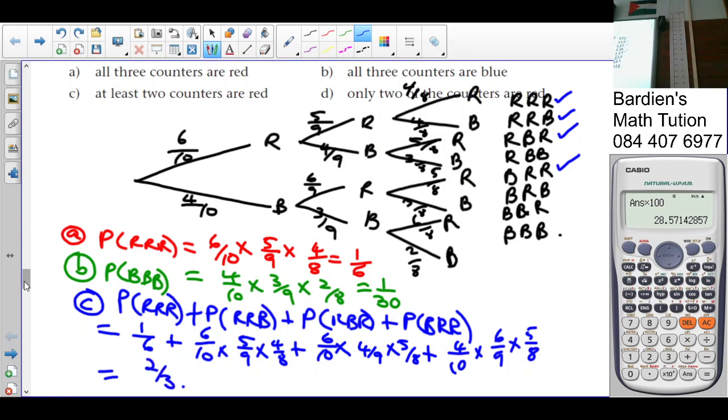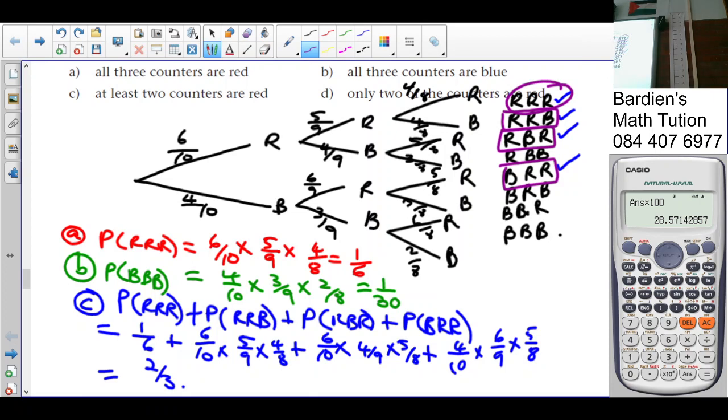Any confusion here? No? And then the last one. Only 2 of the counters are red. So only 2 is going to be that one there, and this one there. Not so? But what have we worked out? We have worked out inclusive of that one.